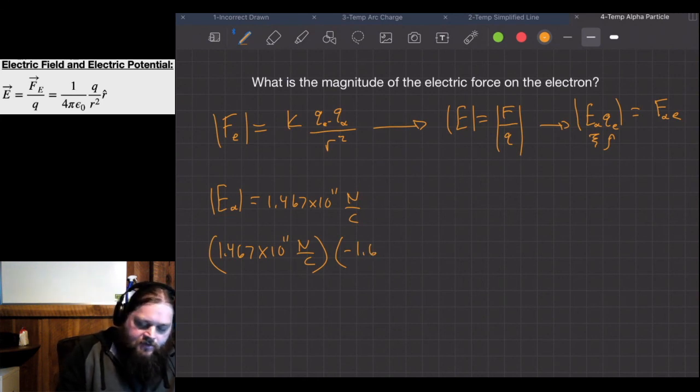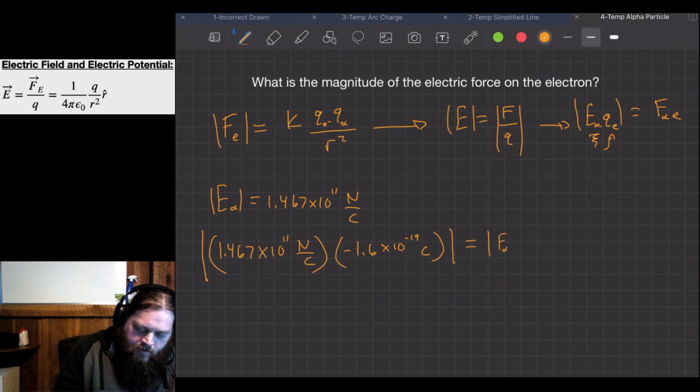We're going to take the absolute value of it anyways when we're done, times 10 to the negative 19 coulombs, and absolute value. That will equal the magnitude of the force of the alpha particle on the electron.